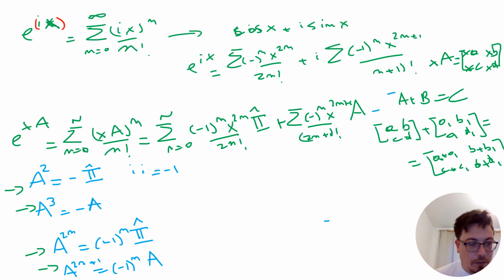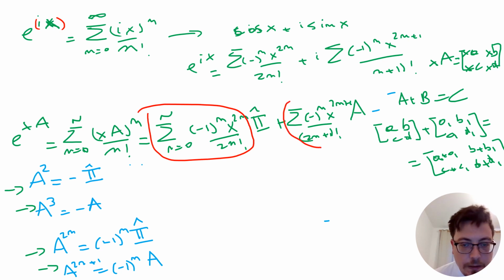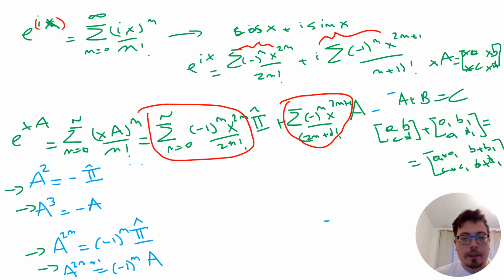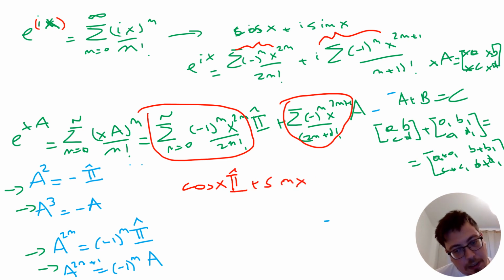Okay, now we do a step further because we can recognize that these functions are the same as the ones we have up here, which are sine and cosine. Therefore, we can write cosine of x times the identity plus sine of x times A, because the matrix is just multiplied by a factor in front of it.